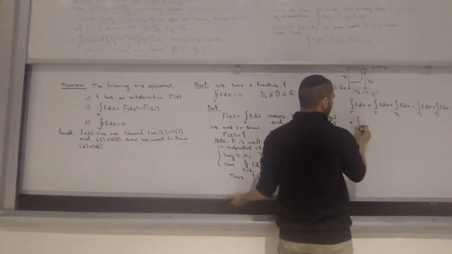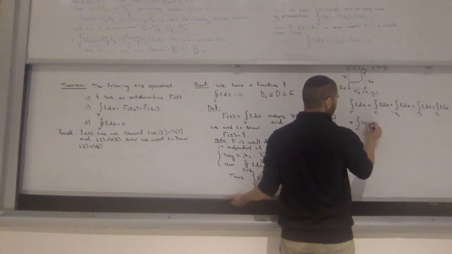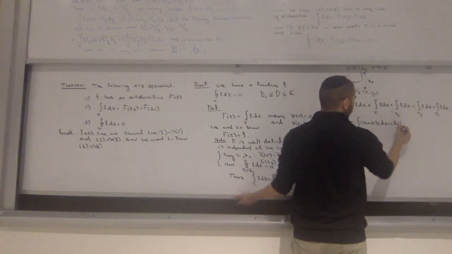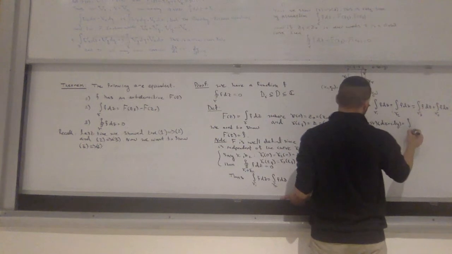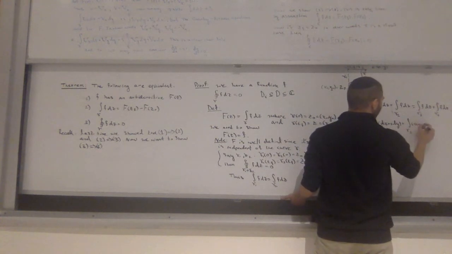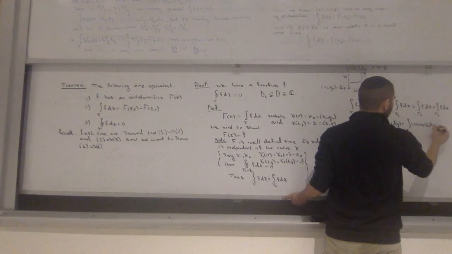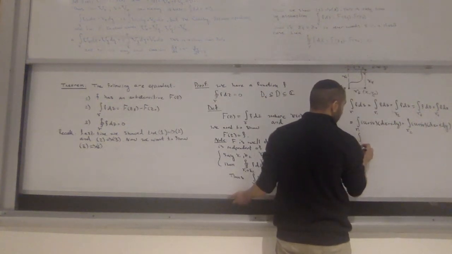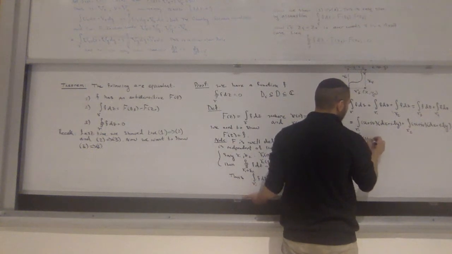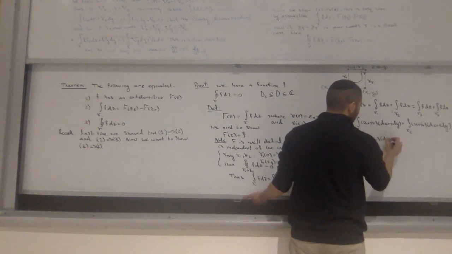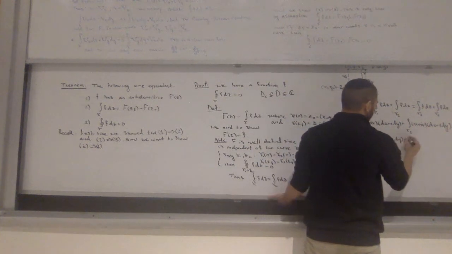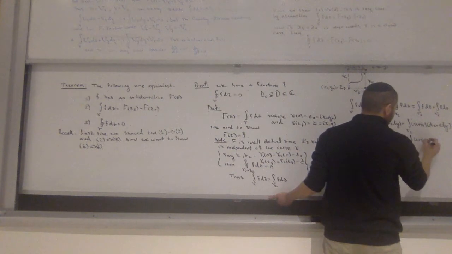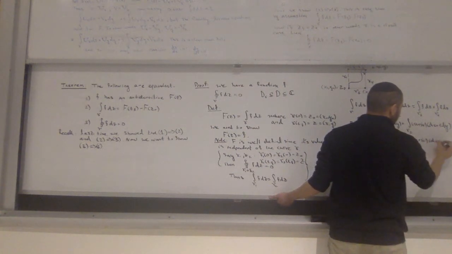This is the integral along gamma 1 of u plus iv times dx plus i dy, plus the integral along gamma 2 of u plus iv times dx plus i dy, and this is equal to the integral along gamma 3 of u plus iv dx plus i dy plus the integral along gamma 4 of u plus iv dx plus i dy.